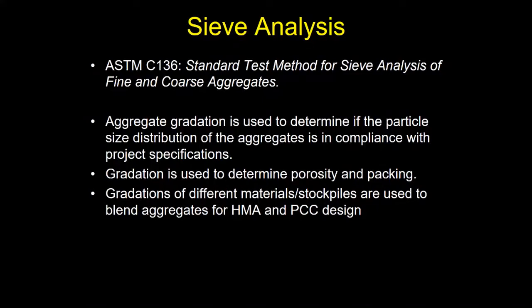But the gradation is used to determine porosity and packing of the material. Just like you saw in the unit weight or bulk density, if you use only limestone, you're obviously going to have a lot of pore spaces because the aggregate's so big.